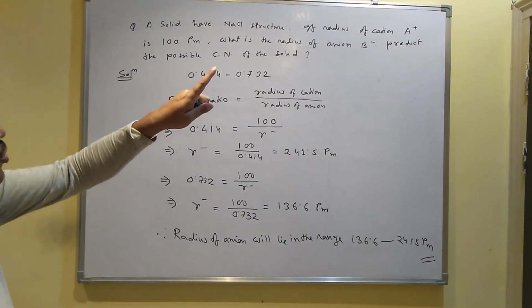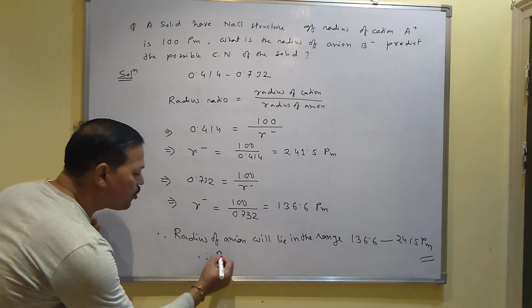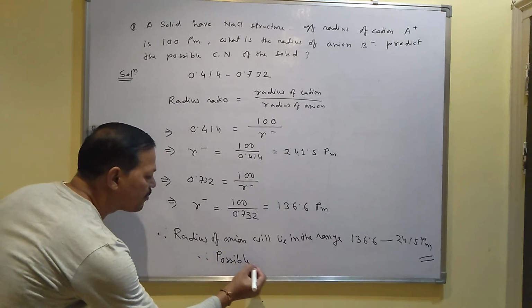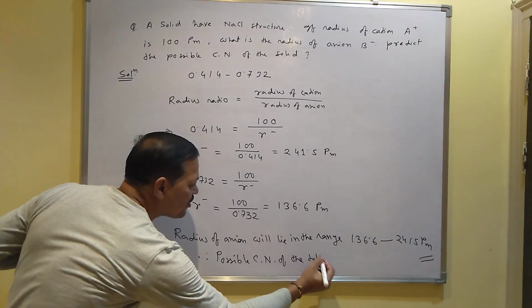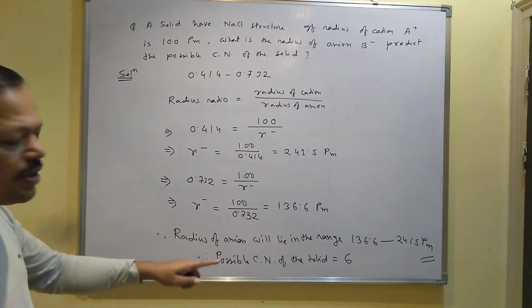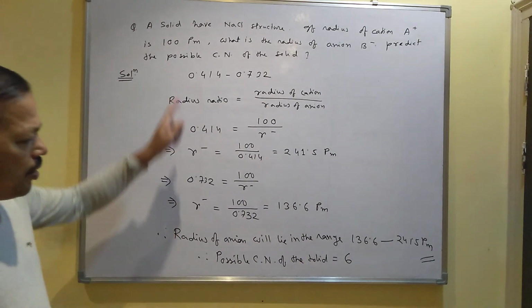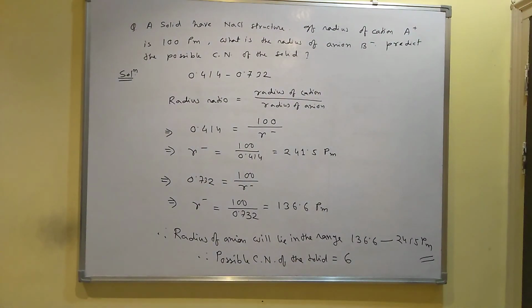And it also asks for the possible coordination number. Since the structure is like sodium chloride, the possible coordination number of the solid will be 6, because in the table you have already seen that sodium chloride has coordination number 6. So in this way you have to do this type of question. And in some questions the radius ratio will be given to you, the radius of the cation will be given, and you have to find out the radius of the anion. In this process you can do it.